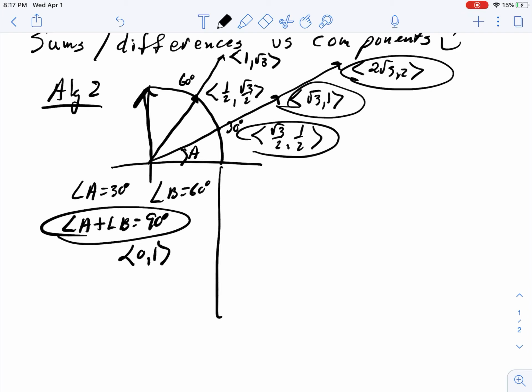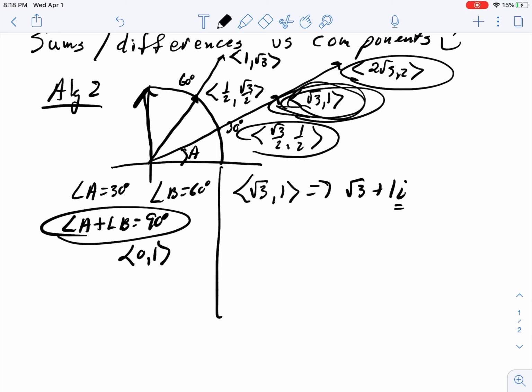So in Algebra 2, we would ask students to do things like this. I'm going to take these two, root 3 comma 1, and put them as complex numbers. So you have root 3 plus 1i. Basically what the i does is keep track of which one is the y value and which one is the x value.